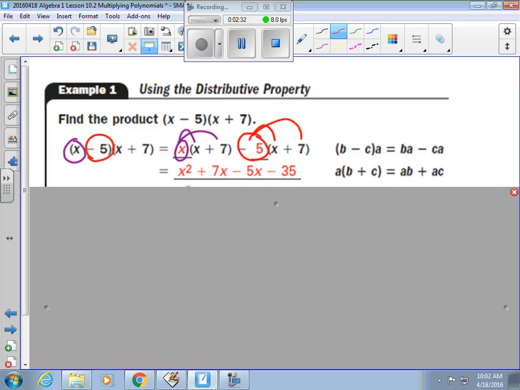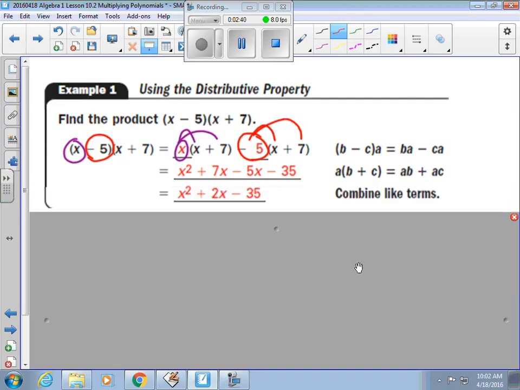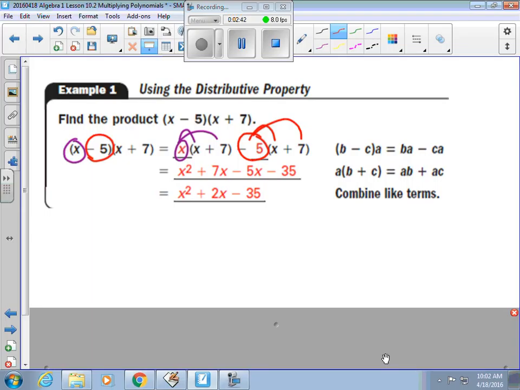All you have to do is look at the degree of that exponent. 7 plus a negative 5, or simply 7 minus 5, gives you 2x. So x squared plus 2x minus 35. We can't combine any of those because none of those are like terms. This is simplified, or this is finding the product of two binomials when you multiply them by each other.